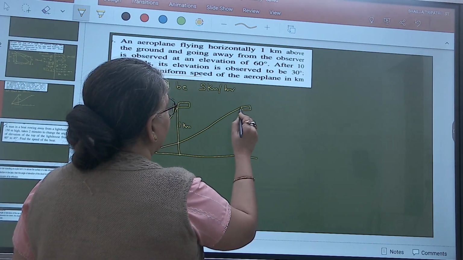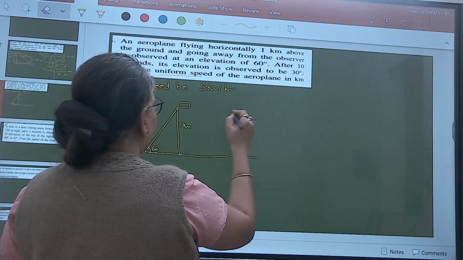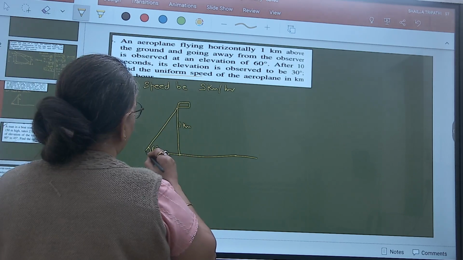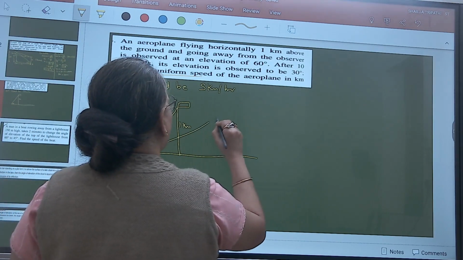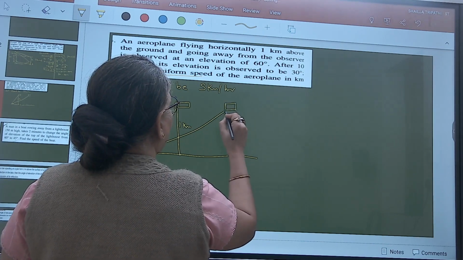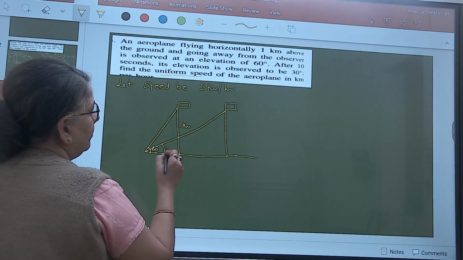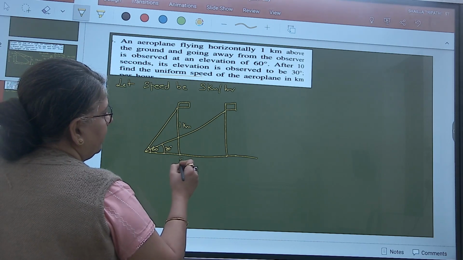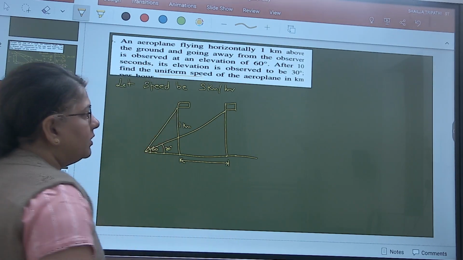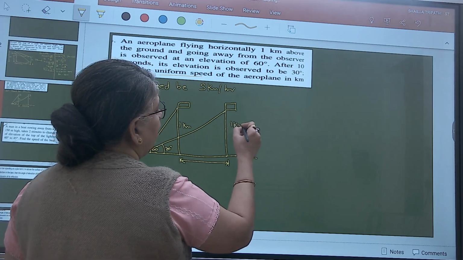Again, the aeroplane is 1 kilometer above the ground, and so this angle becomes 30 degrees. That means after 10 seconds it has covered this much distance. Again, it is 1 kilometer above the ground.